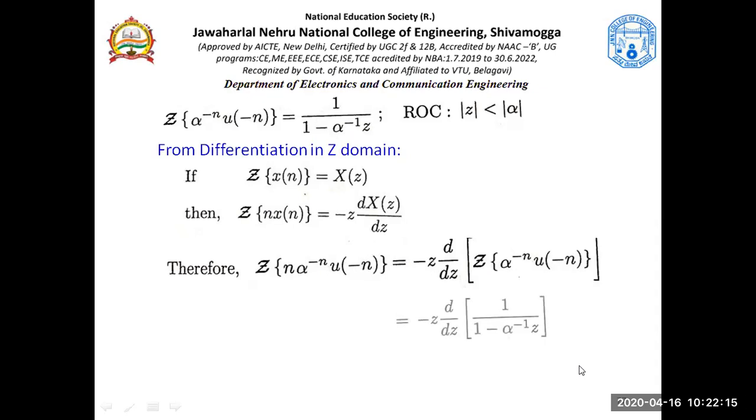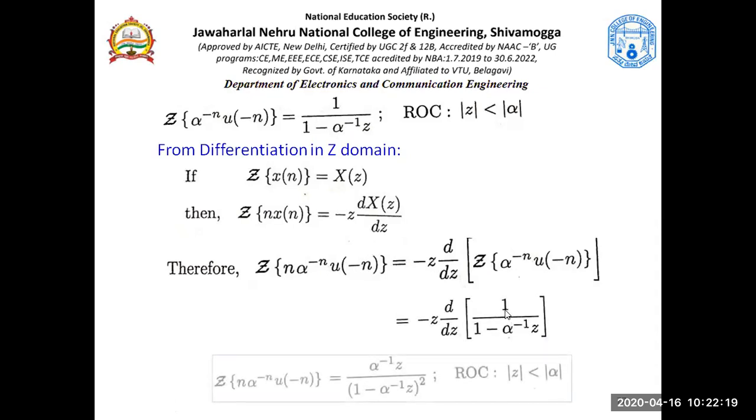So if you do the differentiation of this, you can see that our z transform of n alpha power minus n u of minus n would happen to be this. You just have to differentiate this. What is the differentiation of 1 by x? It is minus 1 by x square, right?